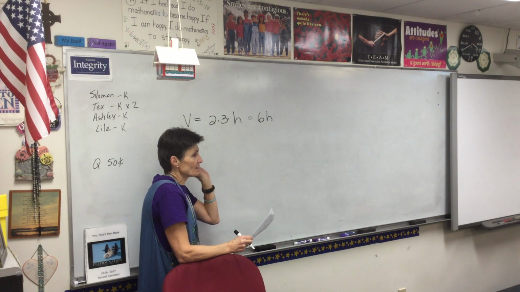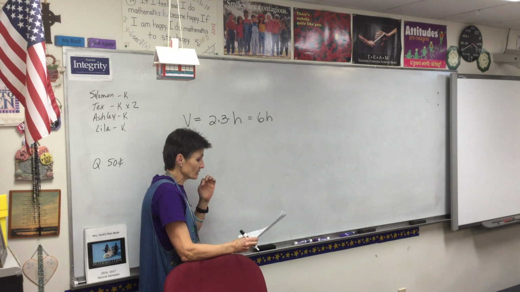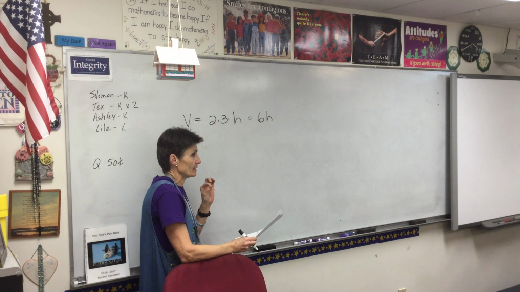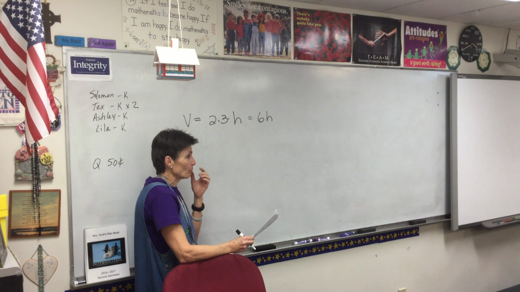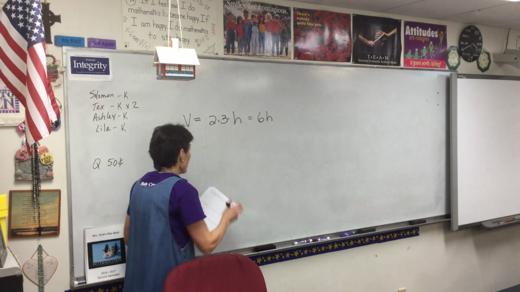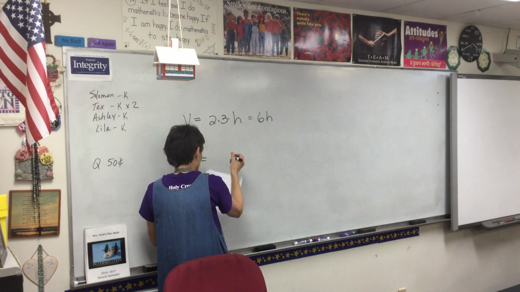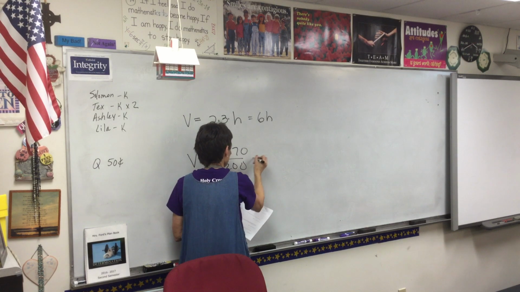The price is $200 a unit, and I yielded $8,370. So how could I figure out how much I had? If I could divide, right? That's a division problem. So the volume is 8370 divided by 200.